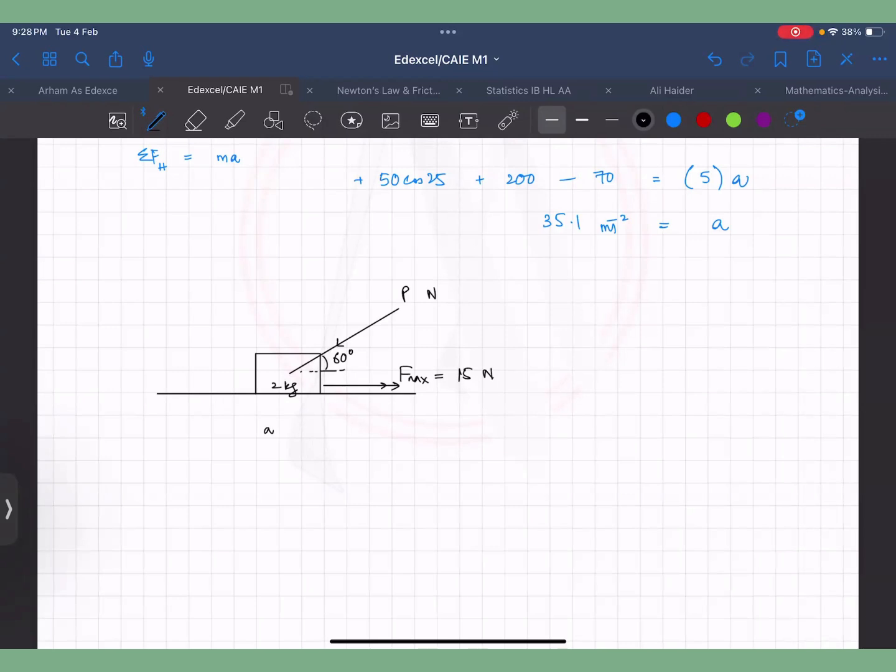And acceleration of the object is 1.5 meters per second squared to the left. Now they ask you to find the value of P and the normal contact force.